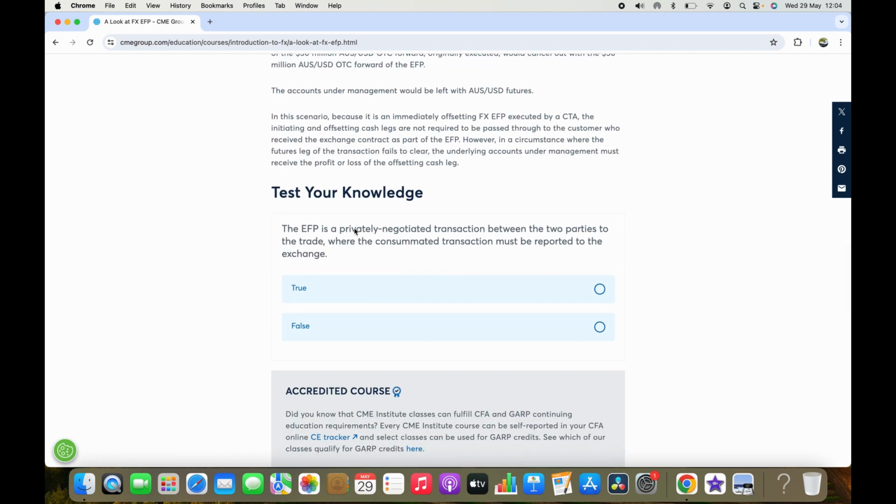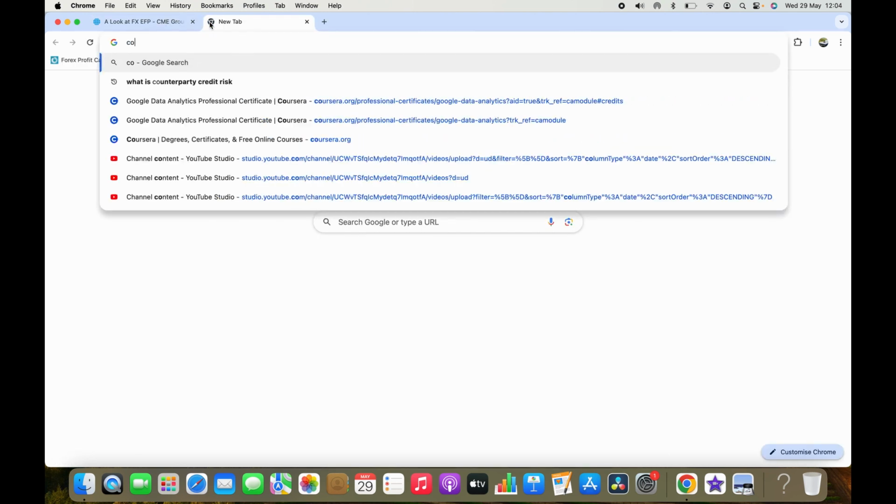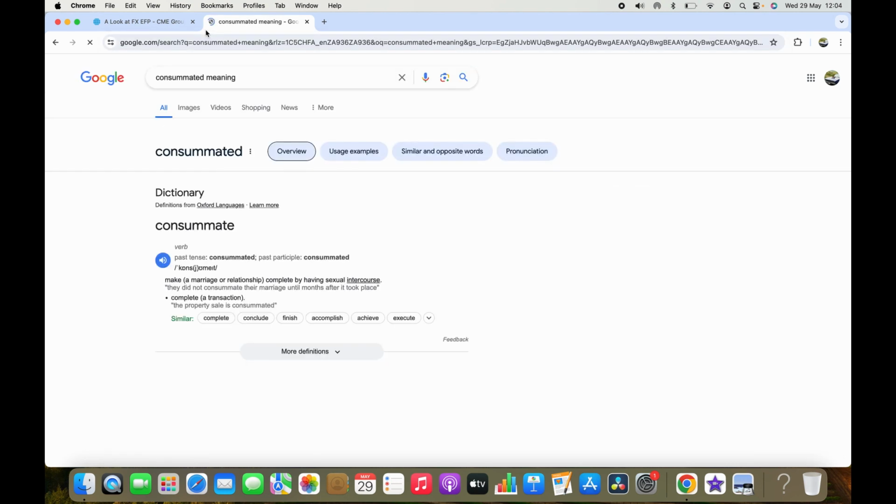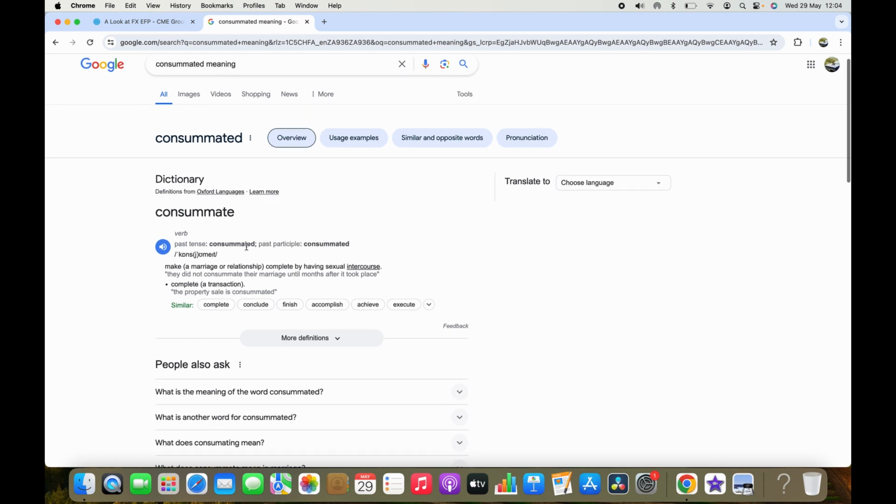So the EFP is a privately negotiated transaction between the two parties to the trade, where the consummated transaction must be reported to the exchange. Consummated, I think consummated means to complete.